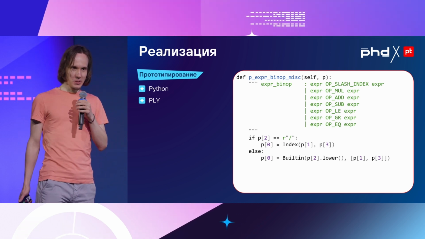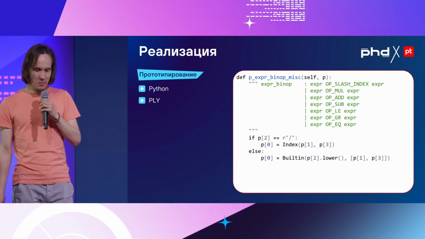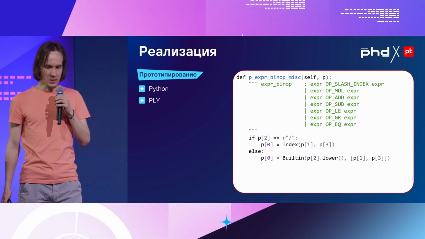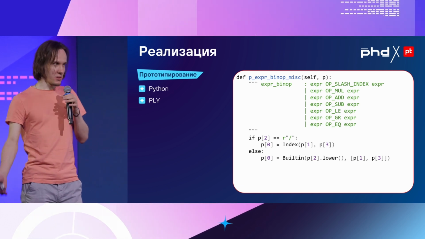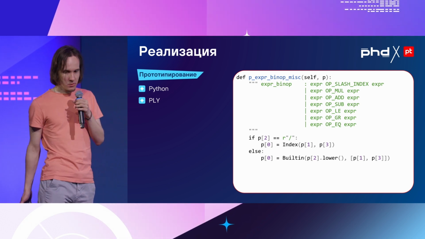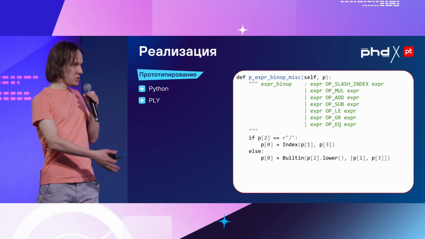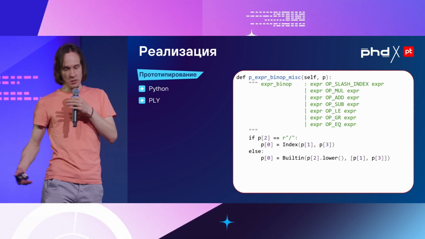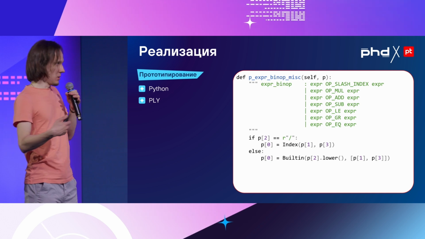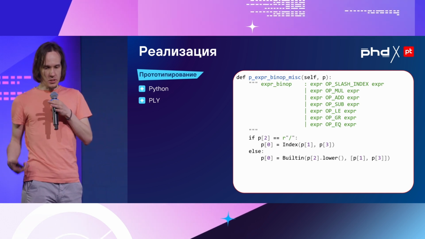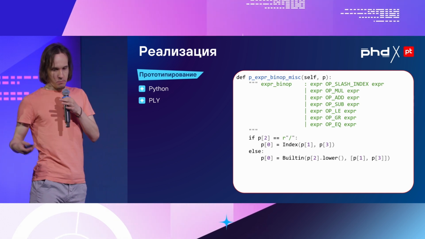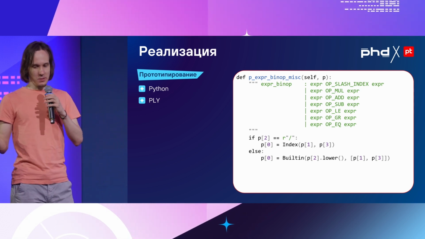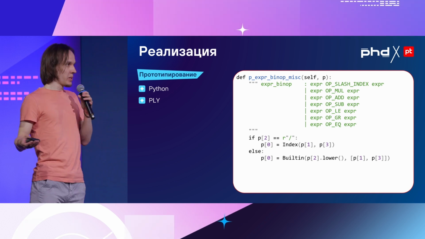Python is a dynamic language, so metaprogramming is possible, and we made a library that describes the grammar of the language right in the code, and then the code is processed. Then it's all aggregated into the grammar and a parser is generated. So it's pretty compact and pretty visible.